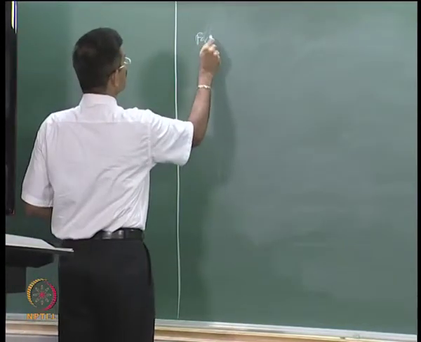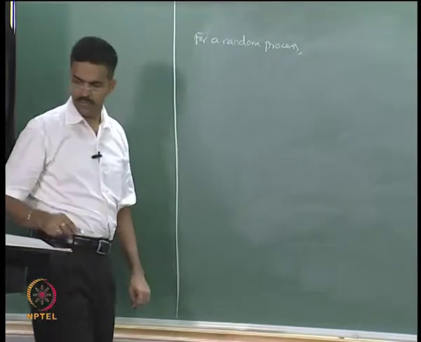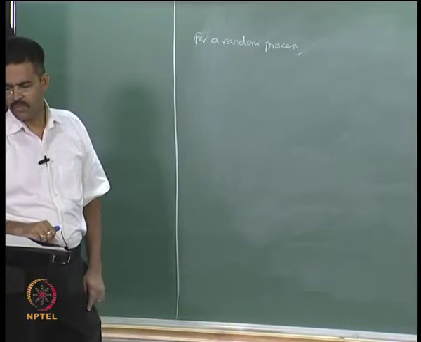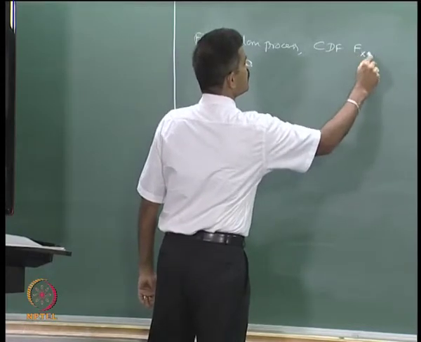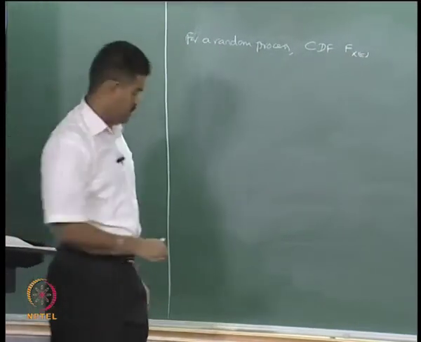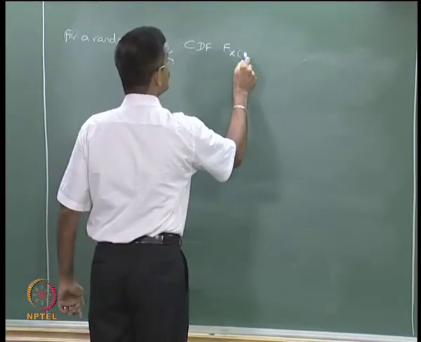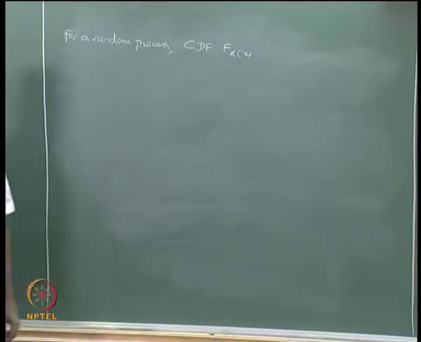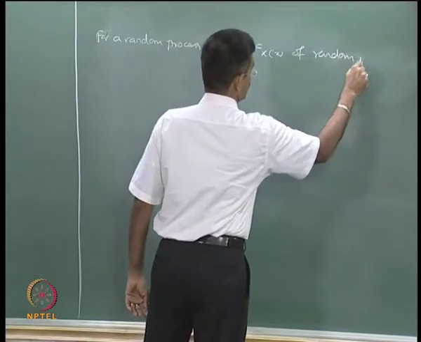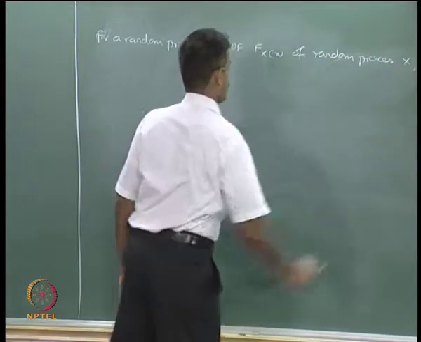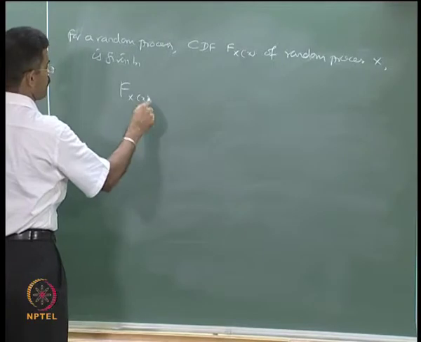So, for a random process, the cumulative distribution function, not t, any process, not time, it may be random with a value itself, not necessarily with respect to time, of the random process x is given by f of x of x.